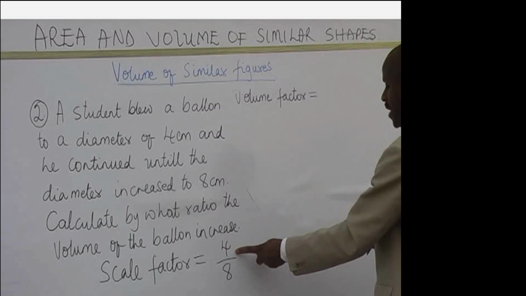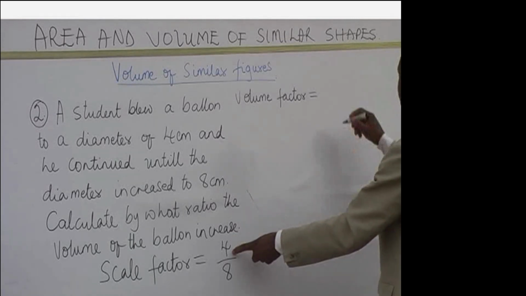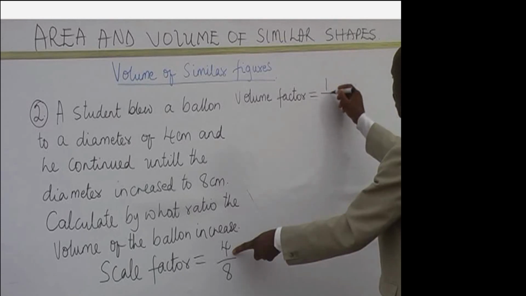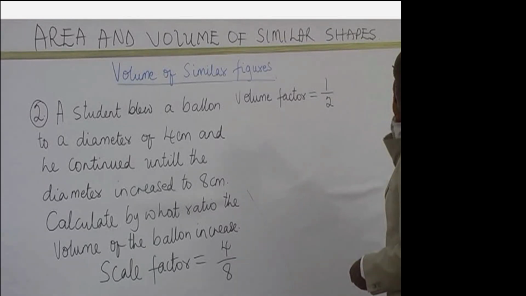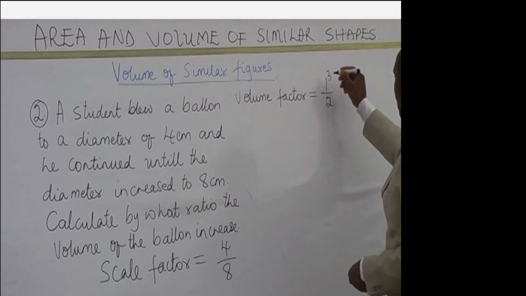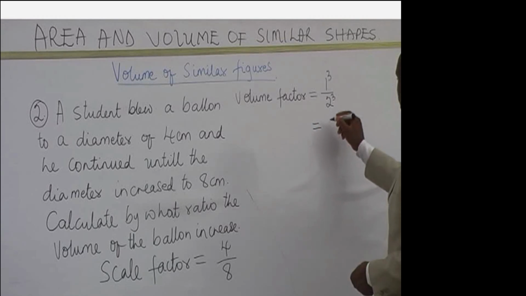If you bring down this fraction to its lowest term, remember it's going to give you 1 over 2. 4 divided by itself will give you 1, all over 4 divides 8 will give you 2. So the volume factor now will be 1 cube all over 2 cube, which is 1 all over 8.